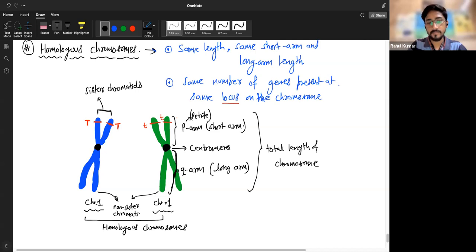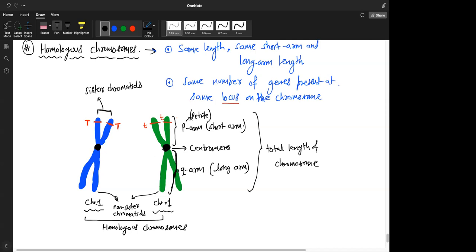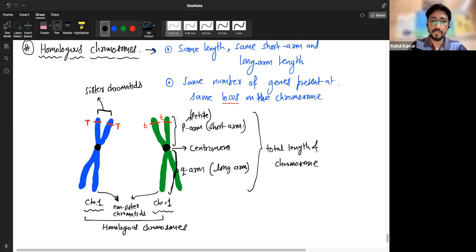Is it clear? Because they belong to two different chromosomes. Though both the chromosomes are homologous, if they are copies from one chromosome, they are sister chromatids in the same house. And if they are from two different chromosomes, they are non-sister chromatids.